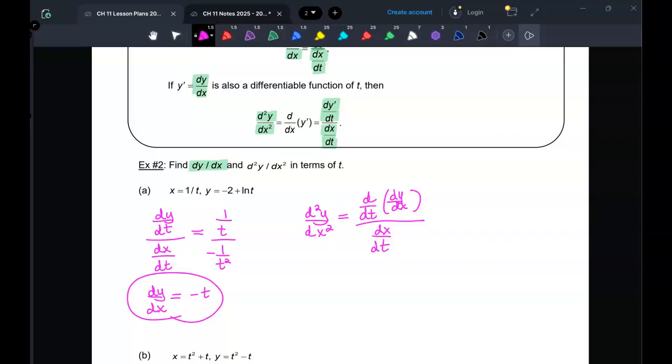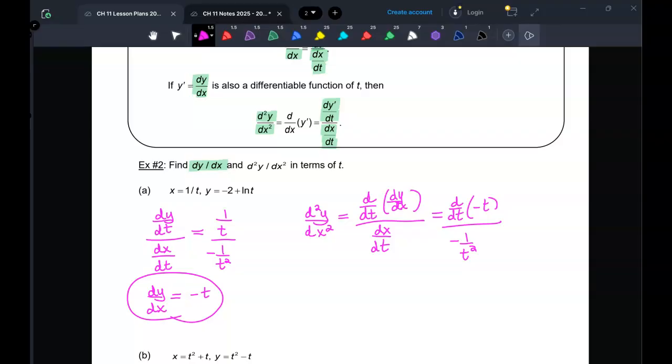Okay, so d dt of negative t over negative 1 over t squared. Does that help? So we don't do the derivative of dx dt in the denominator. We keep that same dx dt. So we're just doing the derivative of this result over negative 1 over t squared.